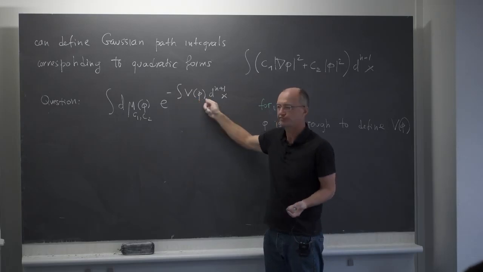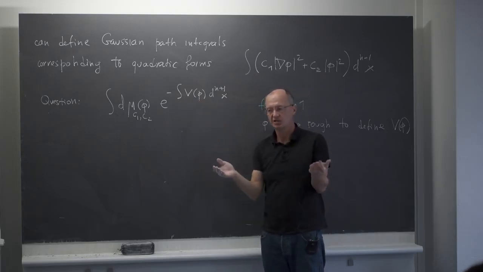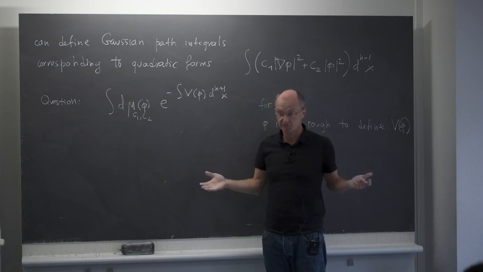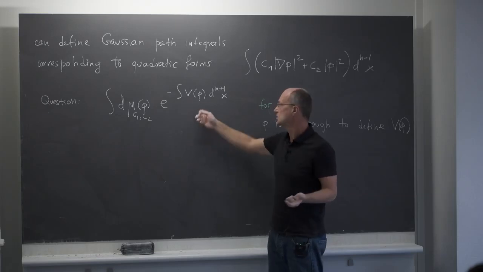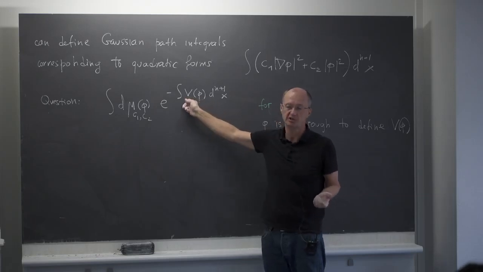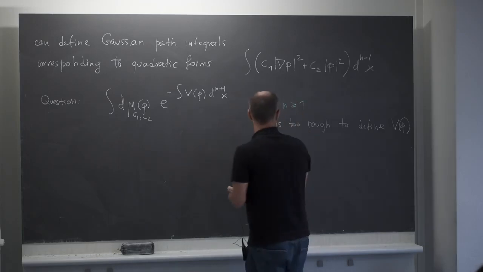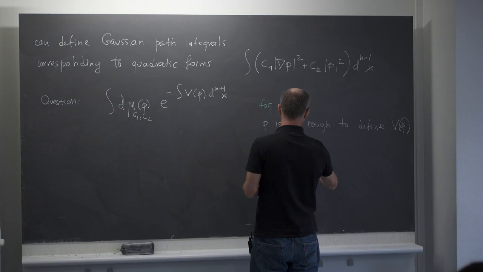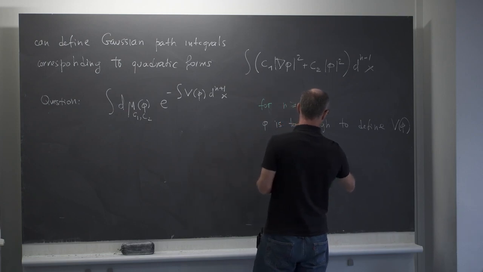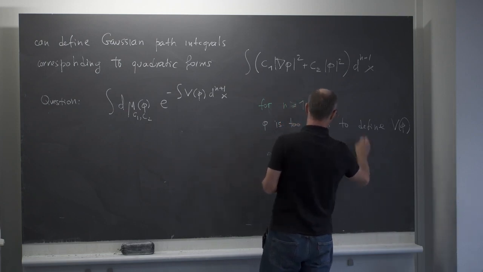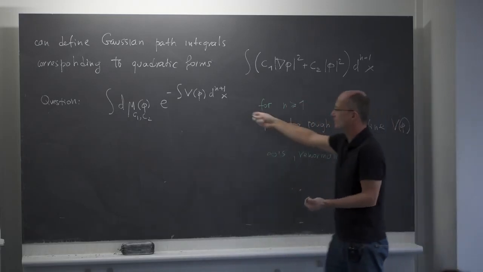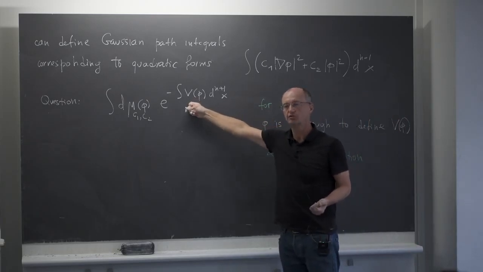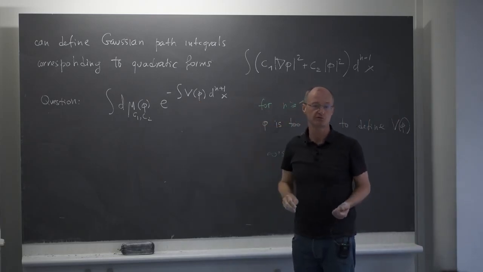If you attempt to define x prime squared for x not a differentiable function, you can say your derivatives will be infinite. So here this term will now be infinite and you need to do something with it. That's how you get those infinities and then eventually renormalization, how you try to get rid of those infinities. That's roughly how you get into those problems of quantum field theory.